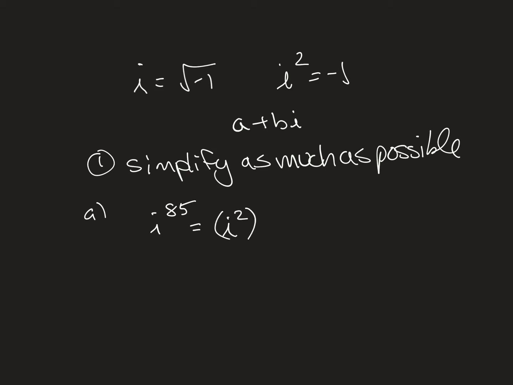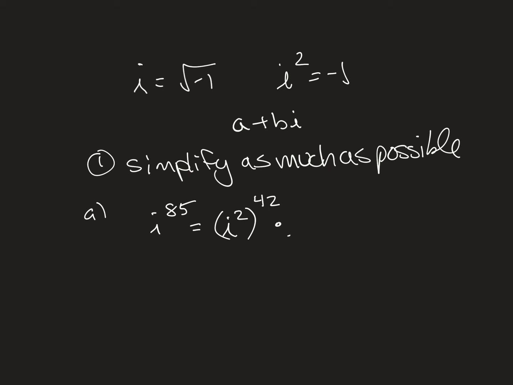So 2 goes into 85, what's the closest without going over? In other words, i squared to what power gets as close to 85 as possible? That would be 42. So that would get me i to the 84.